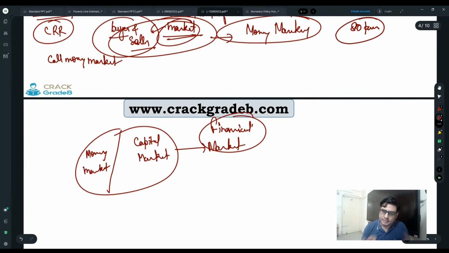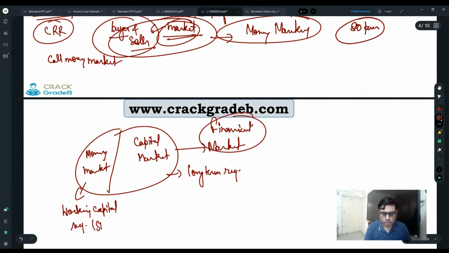Just for basic understanding as of right now, the capital market is for long term requirement. The money market is for working capital requirement or short term requirement.